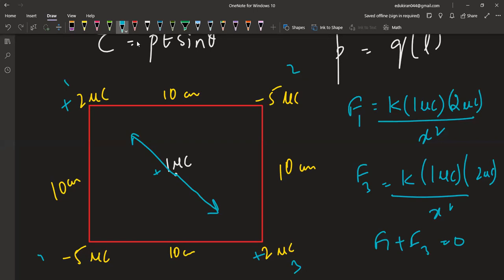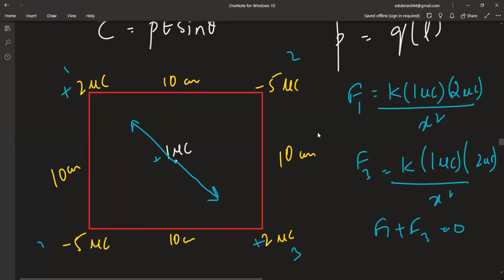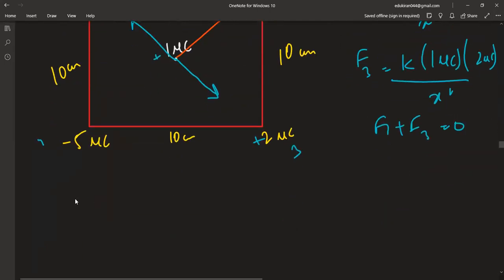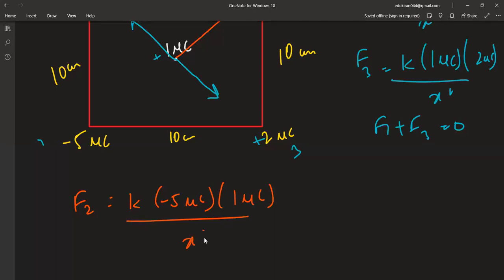Coming to this. Now come to minus 5. Minus 5 will be attracting it, so it will be moving towards minus 5. Why? Because positive and negative. So F2 is K, minus 5 microcoulomb, KQ1, Q2 by again x square. And this will be moving towards it because this is again negative.